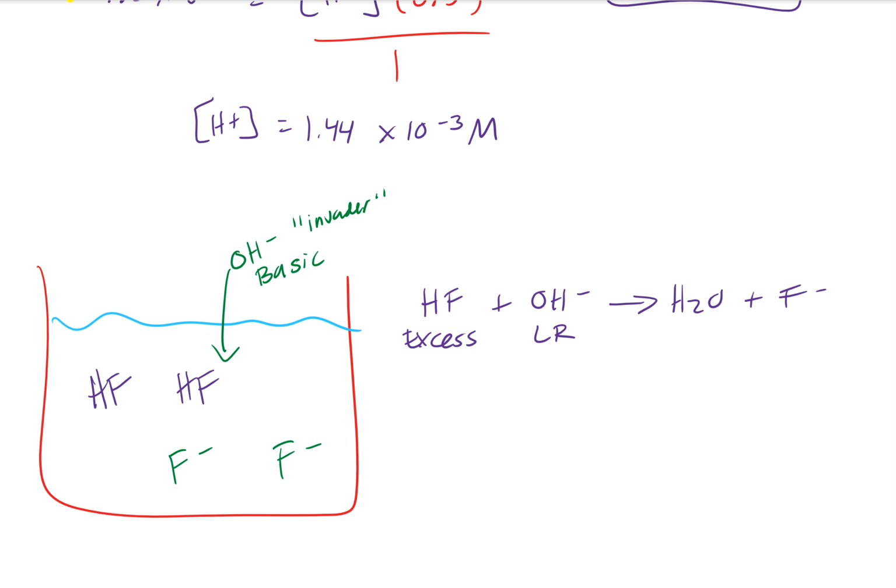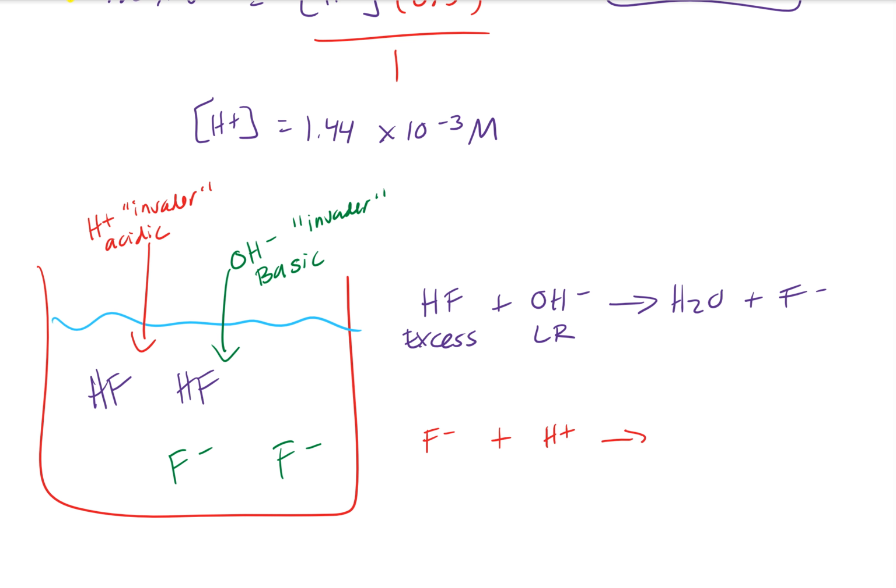But let's say we add in some H+, which I know is acidic. Well, it's an acid, and we can label him as an invader. And so to this buffer solution, when we add H+ invaders, it's not the acid that attacks it, but rather it's your conjugate base that attacks the H+.